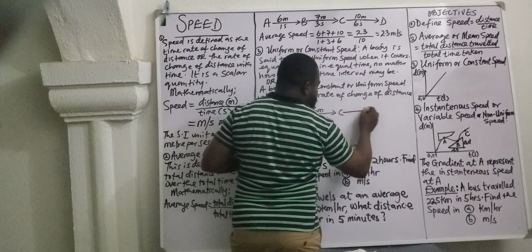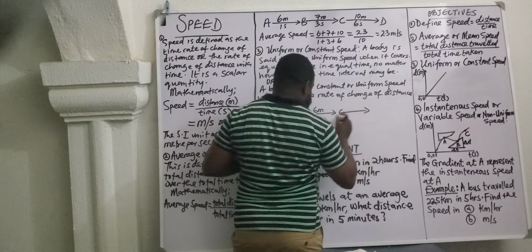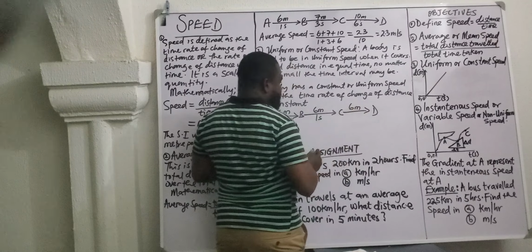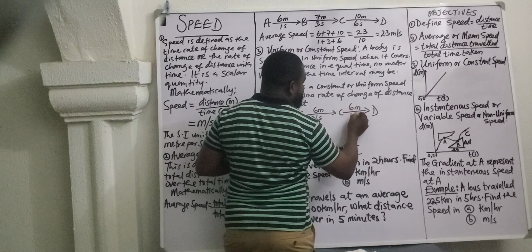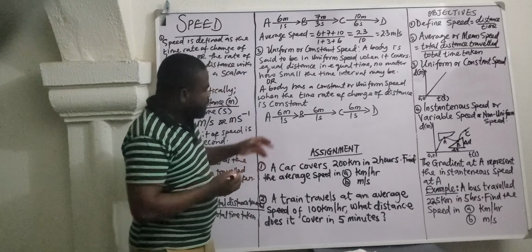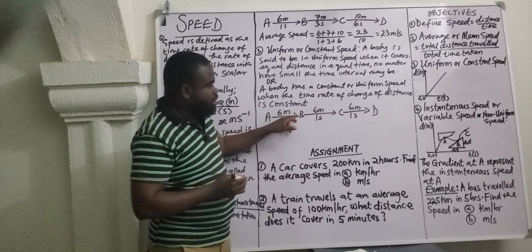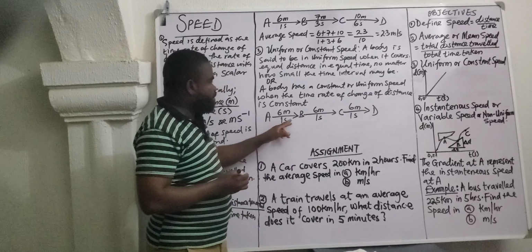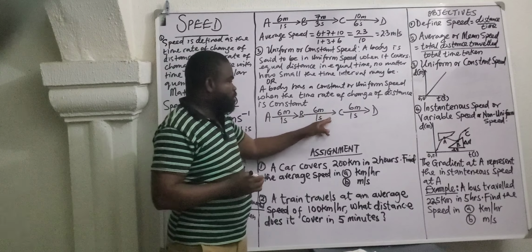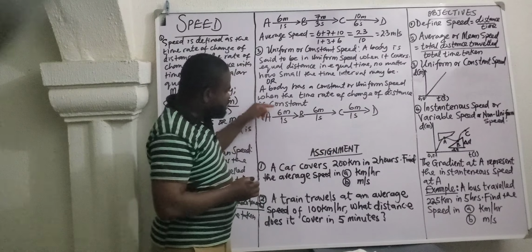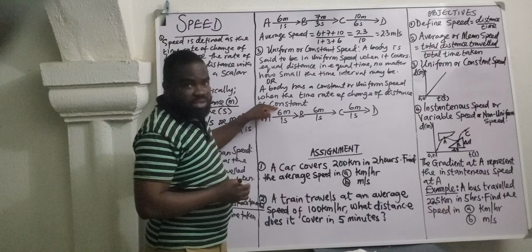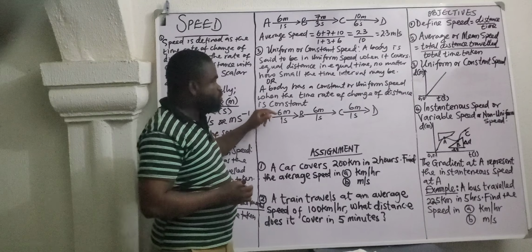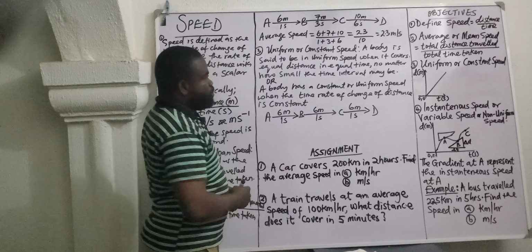As it moves from point C to D, it will cover the same distance, 6 meters, using the same time, 1 second. So you see that the distance covered is equal. Then the time taken is also what? Equal.